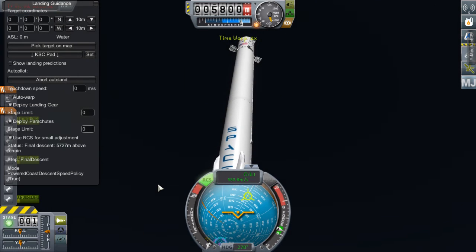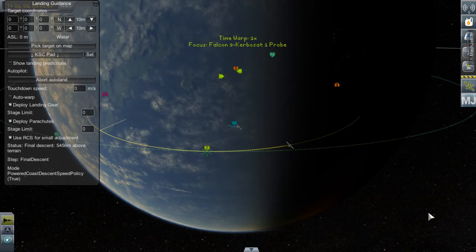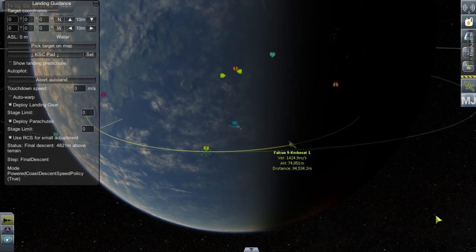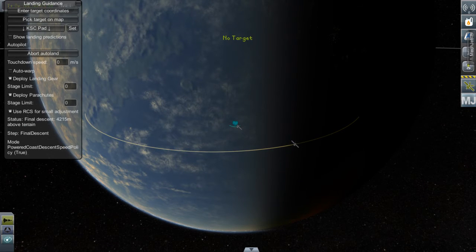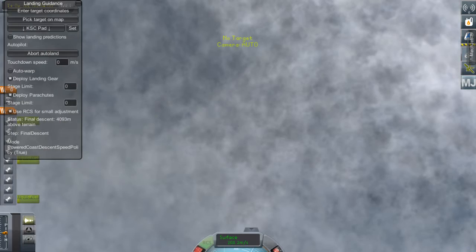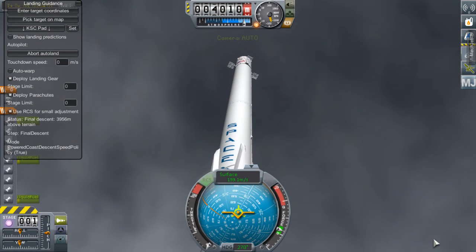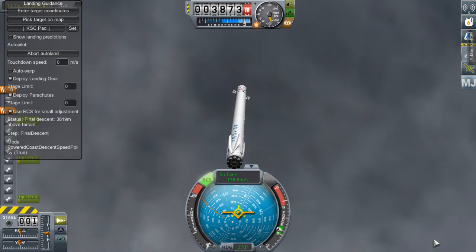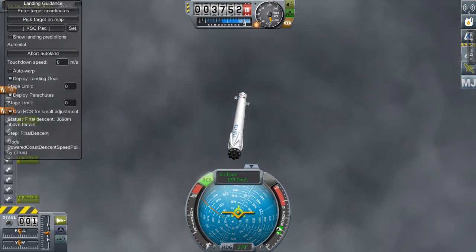Falcon 9 descent nominal. This is just a simulation of what would happen if we decided to return and land the first stage.